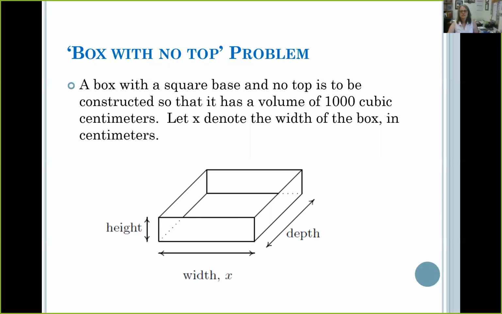Okay, so let's think about our box. We have a square base. So this is x and this is x. And then it is some h centimeters tall.